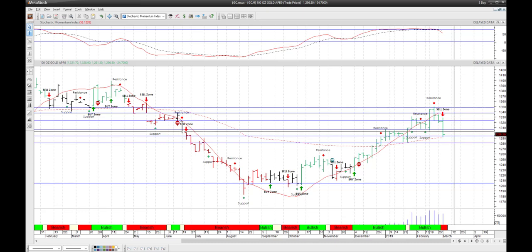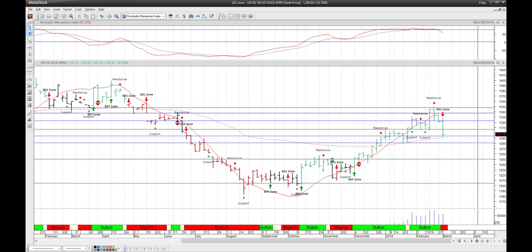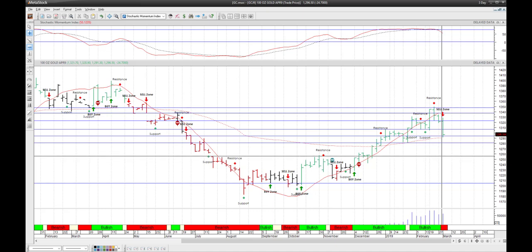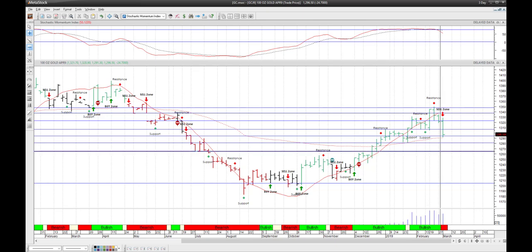Listen, if I bounce tomorrow and I cannot get up over 1306, I've got a deeper fade, and my next lines in the sand for gold could be as deep as this region right here at 1265, especially since it's beginning to show bearish.